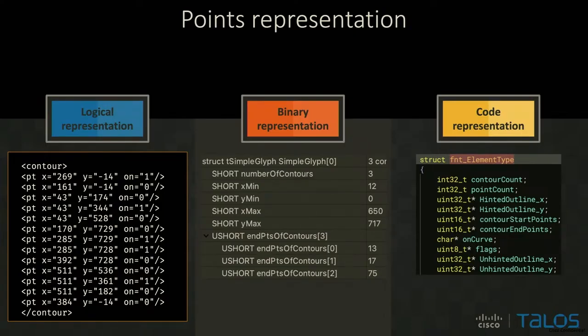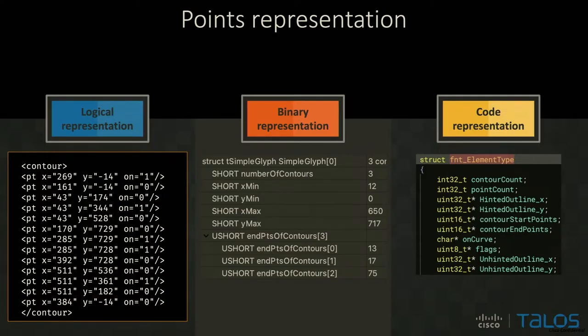To be more optimized for file storage, for writing down in a binary file format, in the SFNT format, all points of all curves of the glyph are stored in a single array, and then there's also an array of endpoints for those contours.